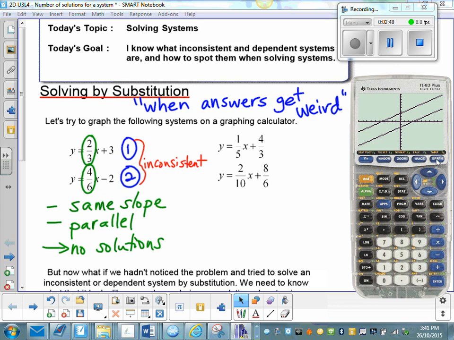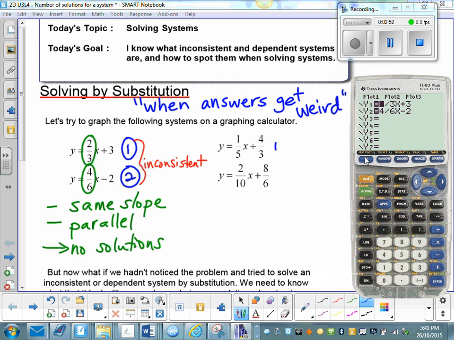Now let's try the second system of equations here. So we've got equation 1 and equation 2 here. So the first equation is going to be 1 divided by 5 x plus 4 divided by 3.